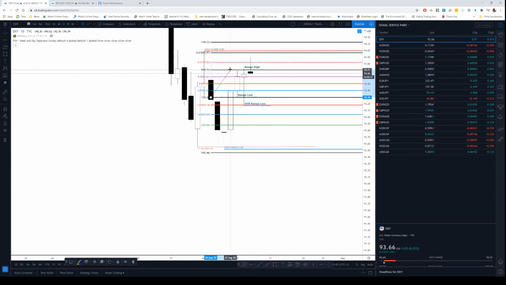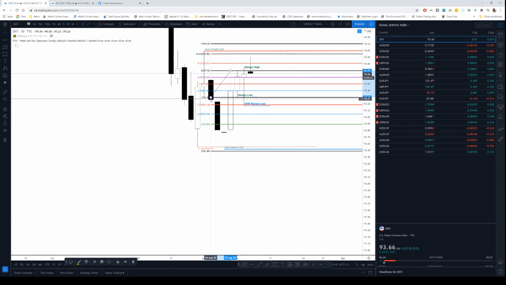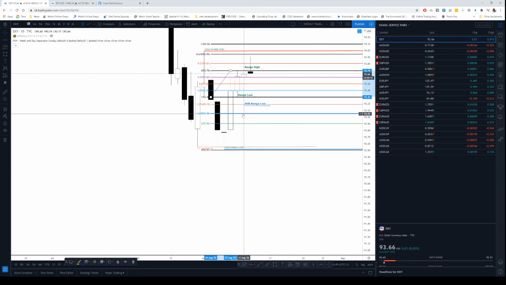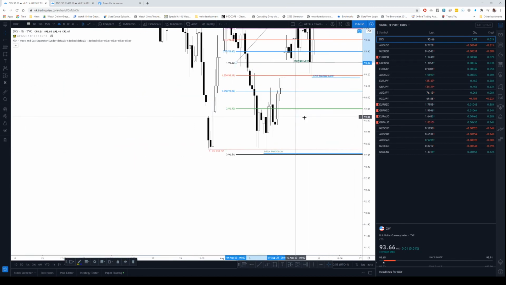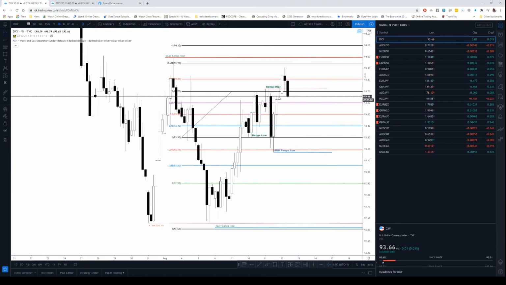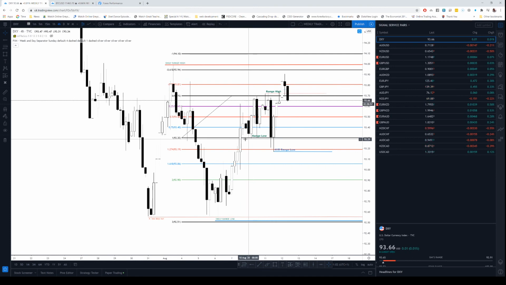Then 127 was the level I was watching, because if I drop down, that level was just below the equal low.